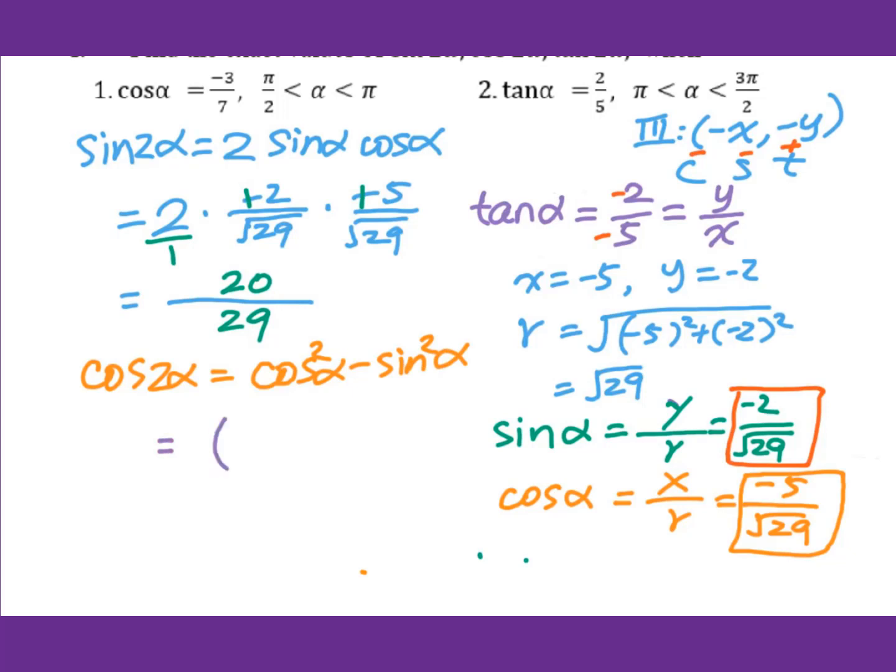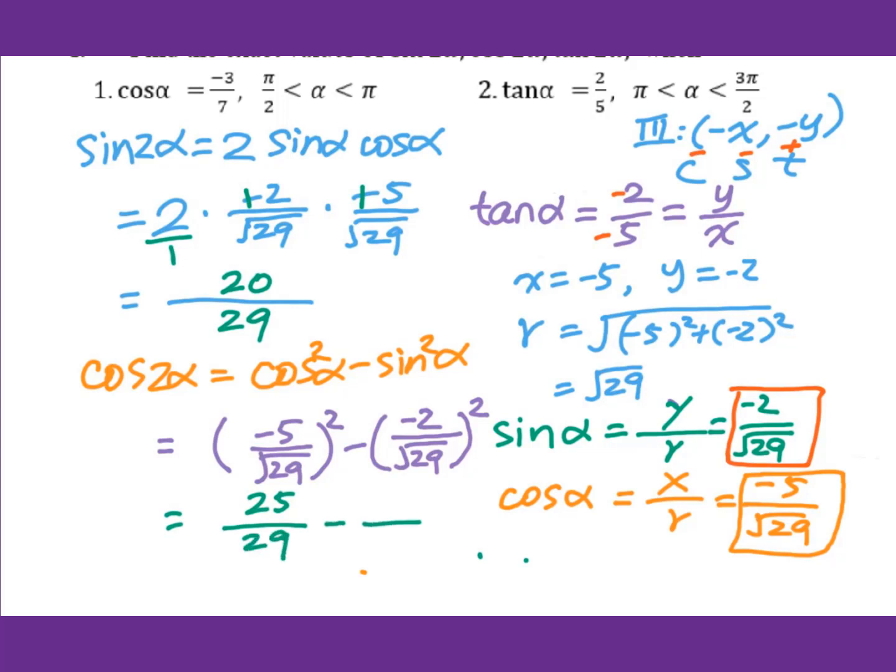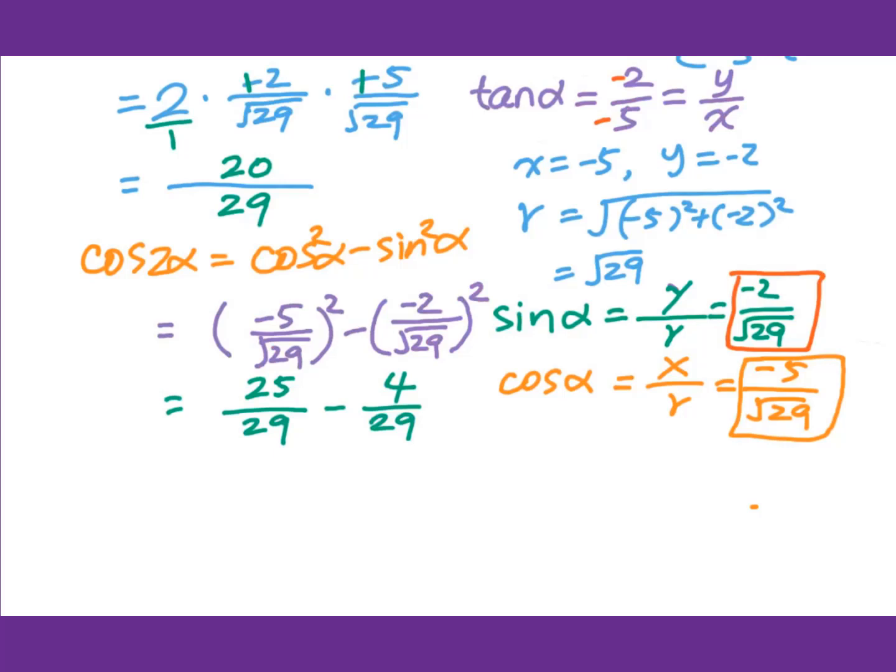You will get (negative 5 over square root of 29) squared minus (negative 2 over square root of 29) squared. So we get negative 5 squared is 25 over 29 minus 4 over 29. So we got 21 over 29.